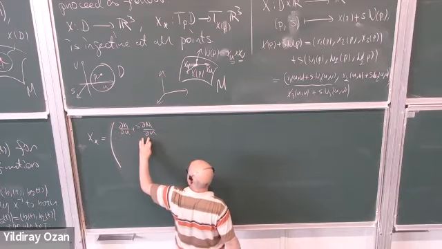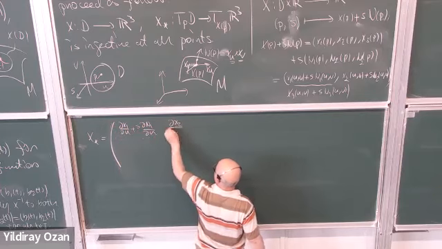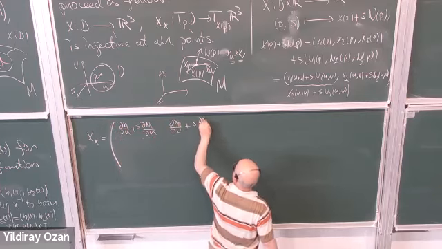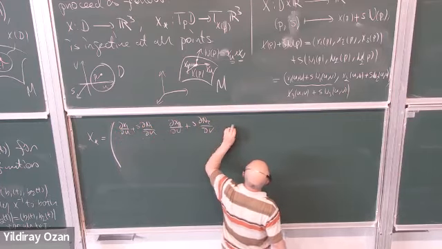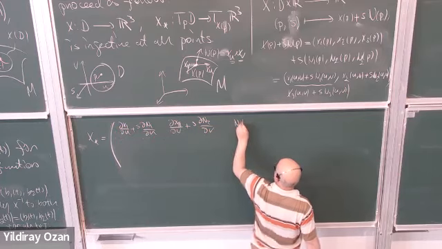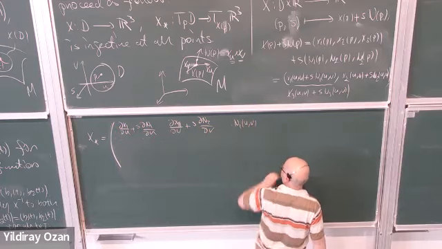This is the derivative with respect to u. Then the derivative with respect to v, and then the derivative with respect to s, which gives n1 uv.